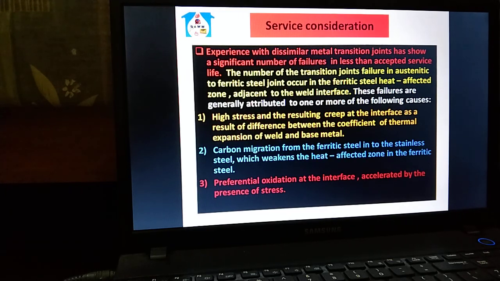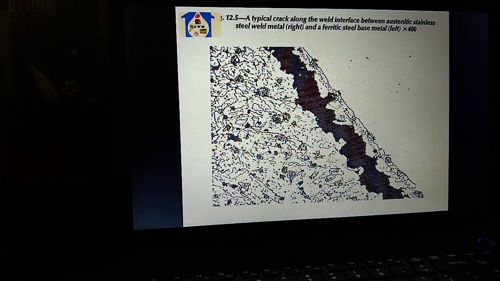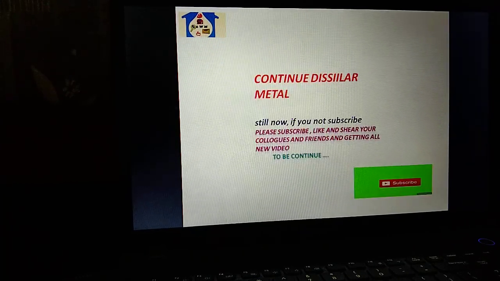Number three, preferential oxidation at the interface, accelerated by the presence of stress. A typical crack along the weld interface between austenitic stainless steel weld metal and the ferritic steel base metal is shown. Thank you.